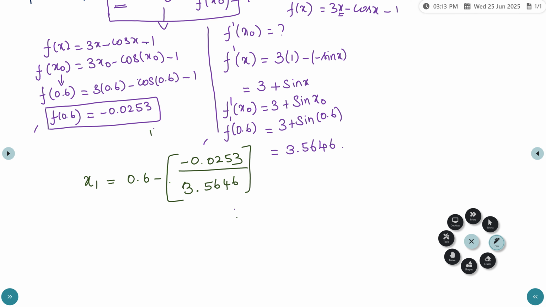So using calculator, the answer is 0.6071. This is x1.